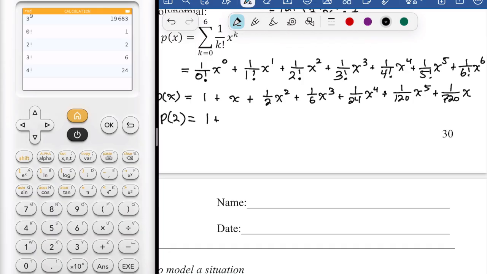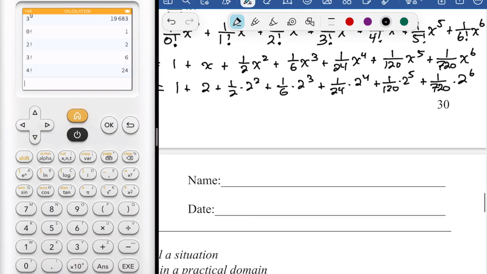So 1 plus 2 plus 1/2 times 2 squared plus 1 over 6 times 2 to the third, 1 over 24 times 2 to the fourth, 1 over 120 times 2 to the fifth, plus 1 over 720, I lost my power of 6 here, times 2 to the sixth, and then just simplify.